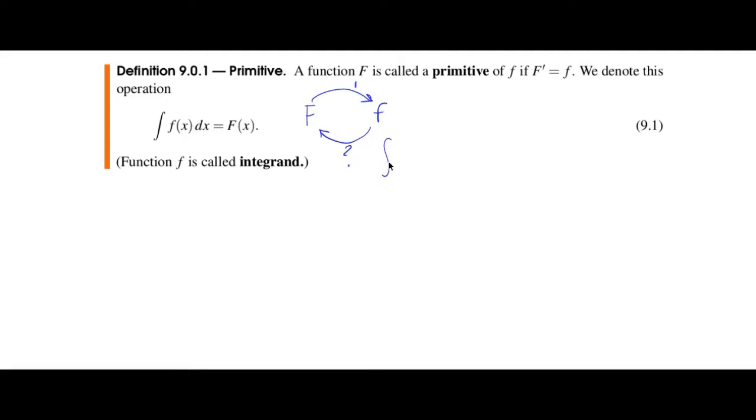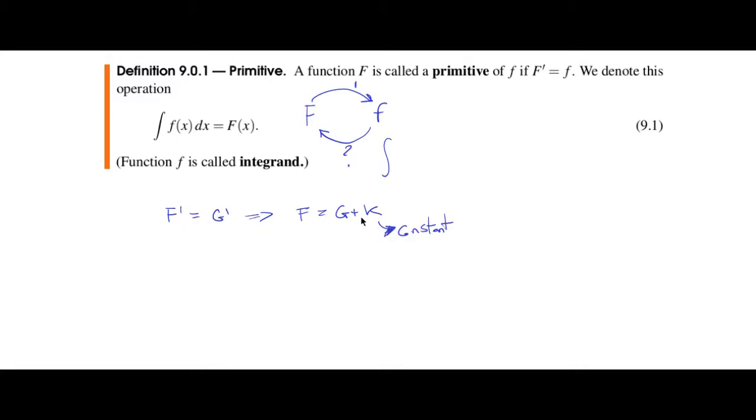Now, in unit 7, we saw that if two functions, let's say f and g, have the same derivative, then they are equal to each other except for a constant. That means that f is equal to g plus k, where k is a constant. If you don't remember this, review unit 7. That's one of the corollaries to the mean value theorem.